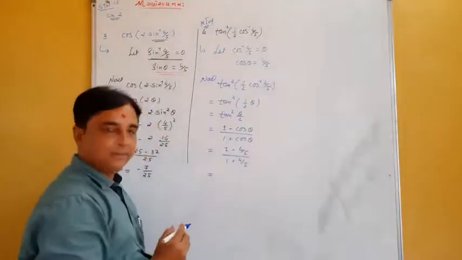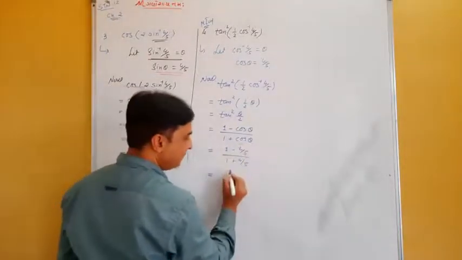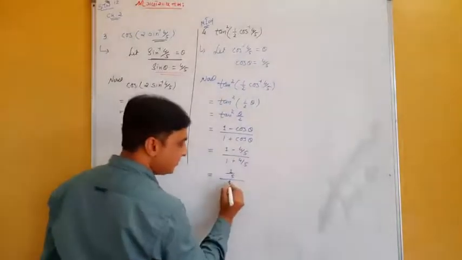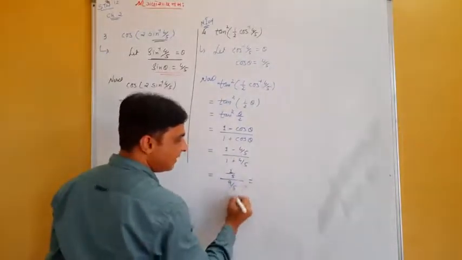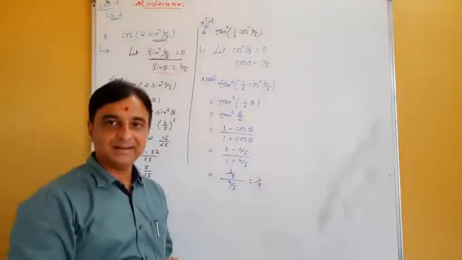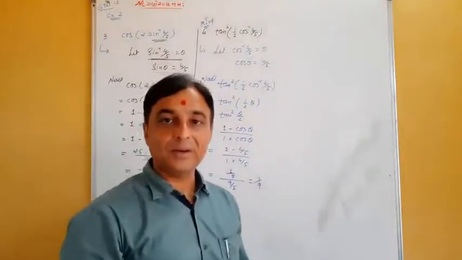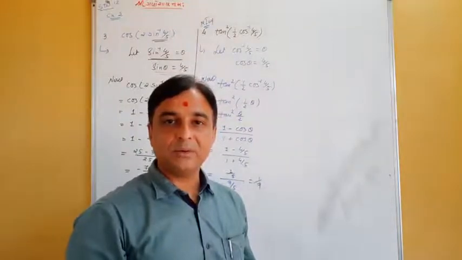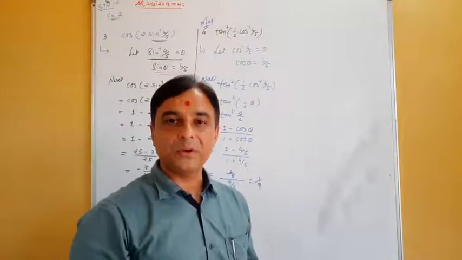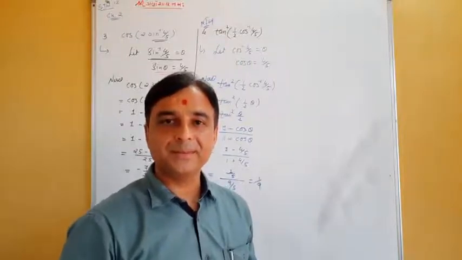Taking LCM, 5 minus 4 it will be 1 by 5, 5 plus 4 is 9 by 5. 5 cancels, 1 by 9. Now got it? I will send you some examples like this. You have to solve them. Clear?